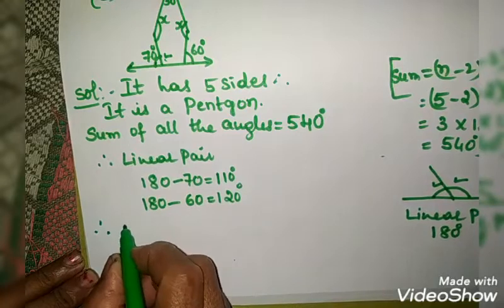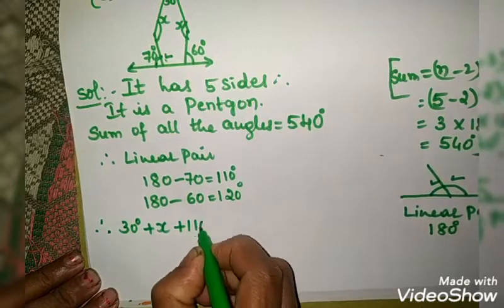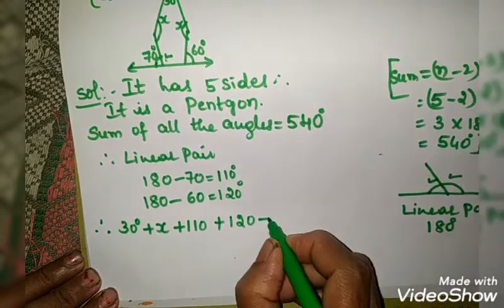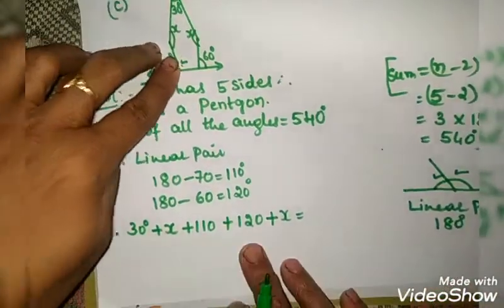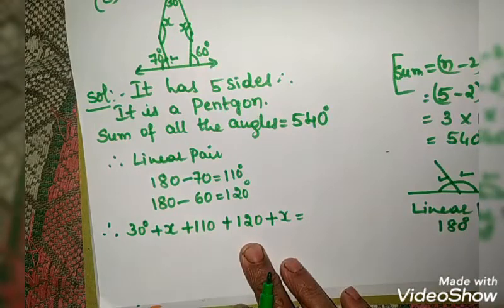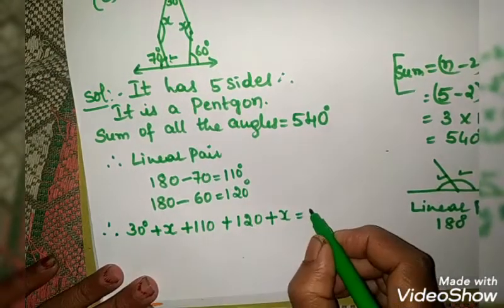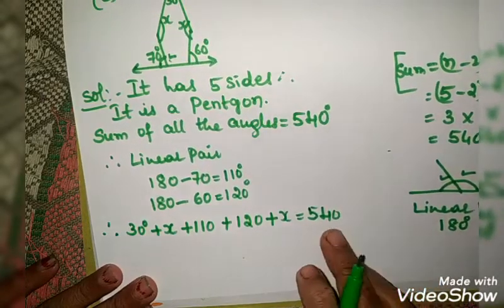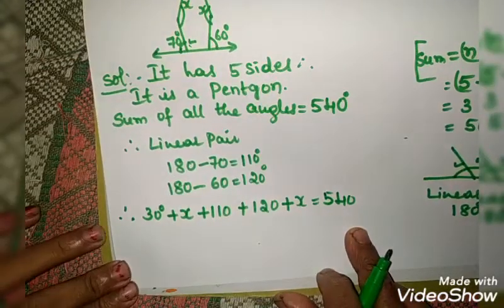Therefore, what happened? 30 degrees plus x plus 110 plus 120 plus x again, children. Observe there. How many angles are there? 5 angles, because it is a pentagon. What do they sum up to? They sum up to 540 degrees, because the sum of all the angles in a pentagon is equal to 540 degrees.